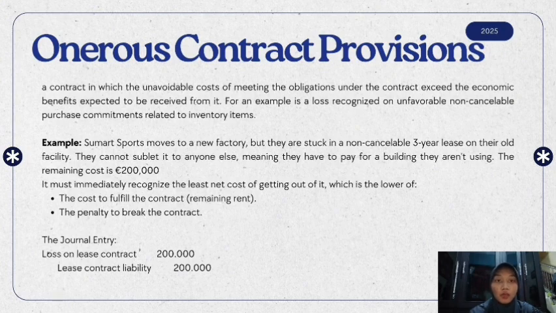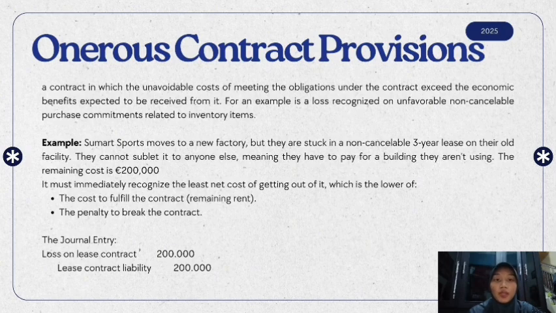The company moved to a new factory, but they are stuck in a non-cancelable 3-year lease on their old facility, so they cannot sublet it to anyone else, meaning they have to pay for a building they aren't using. The remaining cost is 200,000 euro.